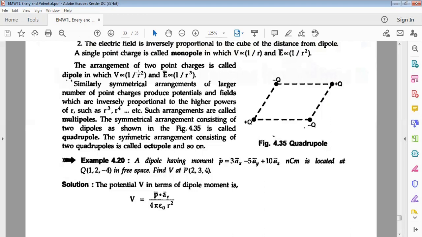The potential is inversely proportional to R cube and the electric field intensity is proportional to 1 by R power 4, and so on.